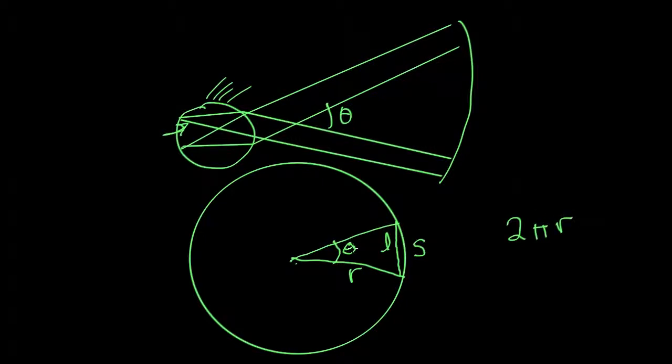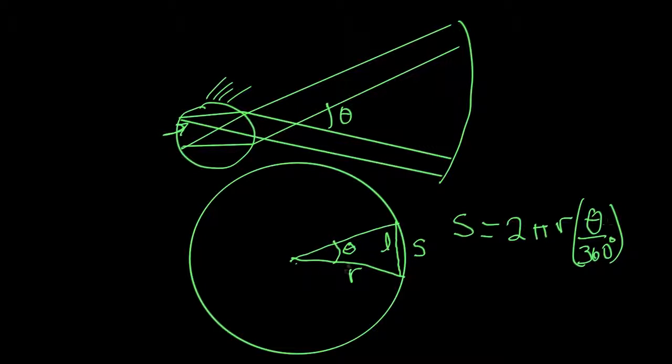And when I'm only seeing theta of something, I'm only seeing a fraction of the circle. That fraction is theta over 360 degrees. And so the arc of the circle's length S is 2 pi r theta over 360 degrees.